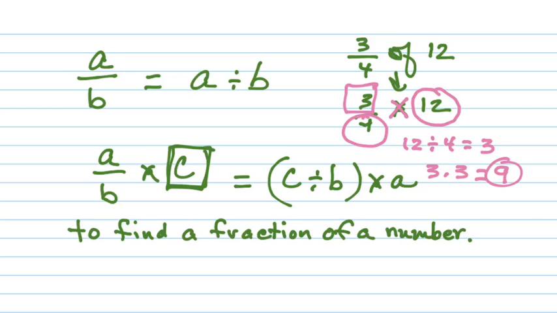So for a fraction of a number, just divide and then multiply by the top. Now, if that top number is a 1, it doesn't look like you're doing the multiplication, but you really are. 4 divided by 2 gives you 2. But 2 times 1 is still 2. And that's why we don't usually think about doing the multiplication.